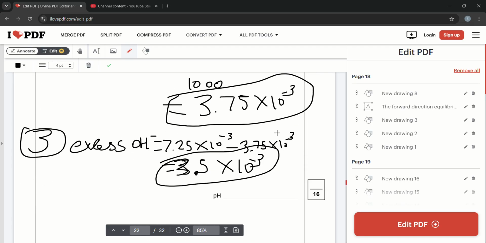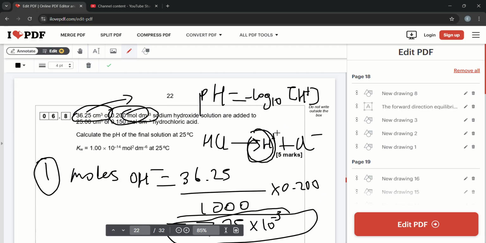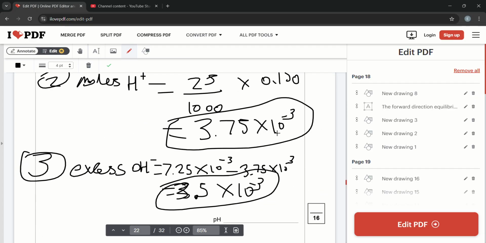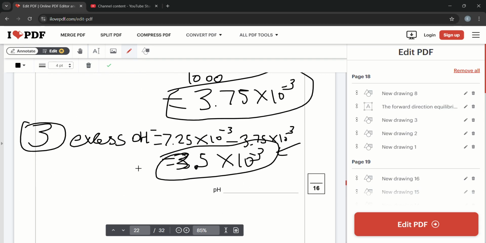So first things first, we need to find the concentration of OH minus, because all we've done with these three steps is find the moles of OH minus.